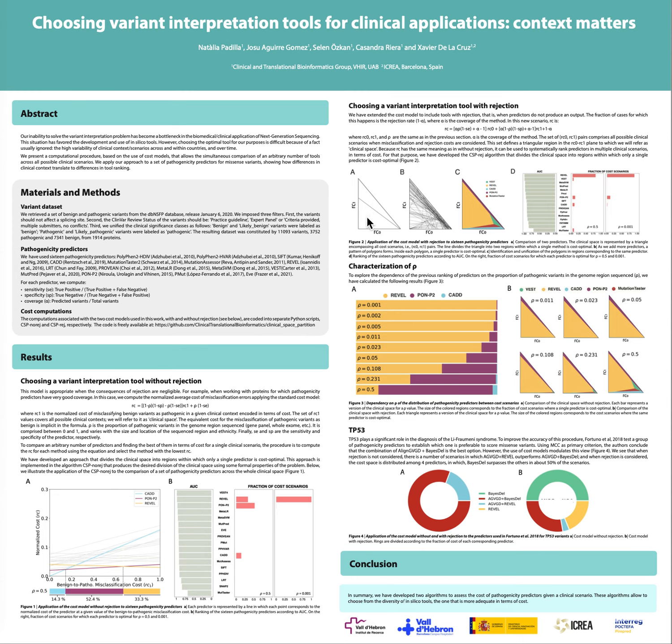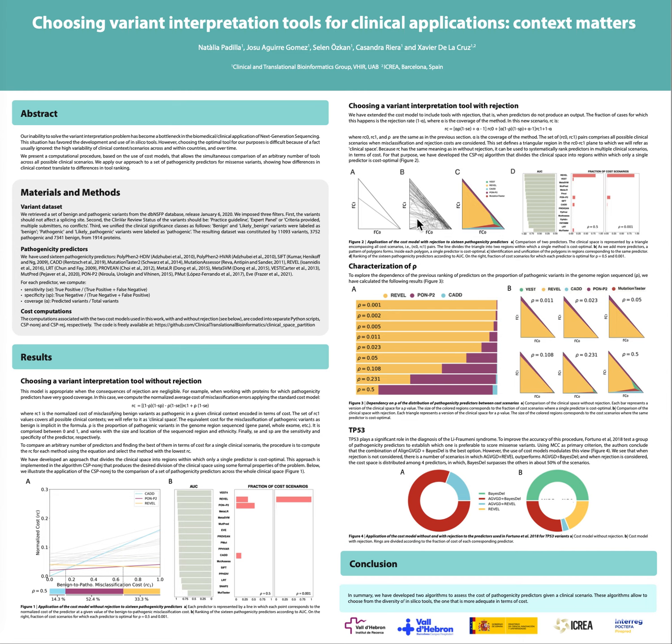Here in Figure 2, you can find the results for that set of pathogenicity predictors and variants, now taking into account also their coverage. The comparison of all possible pairs of predictors results in this set of lines, which divides the region into these polygons, where a single predictor is cost-optimal.